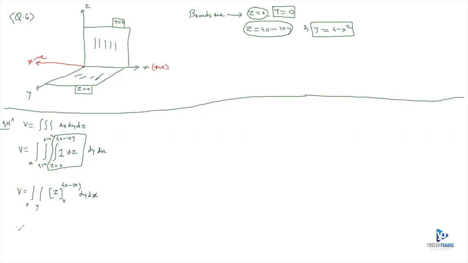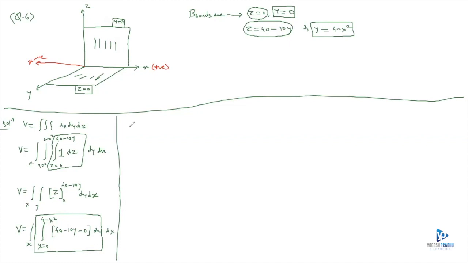So V equals integral x, integral y, and this will become 14 minus 10y minus 0, dy dx. Now let's work out dy. This is the inner integral now. The limits of y are from 0 to 4 minus x squared.